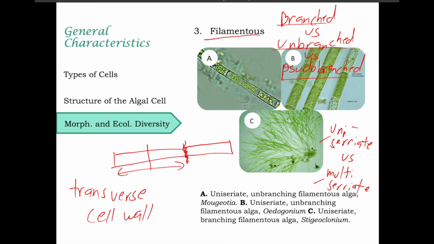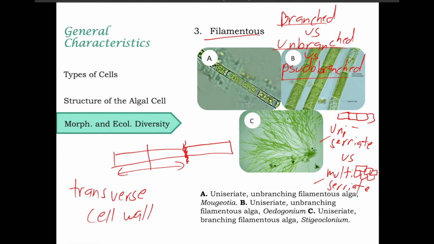So what do we mean by uniseriate? That's just a single layer, okay? Single layer. When we say seriate, it's just a single layer of cells. When you have a multiseriate, you have multiple layers, 2 or more layers of your single chain cells. So that's your multiseriate type.